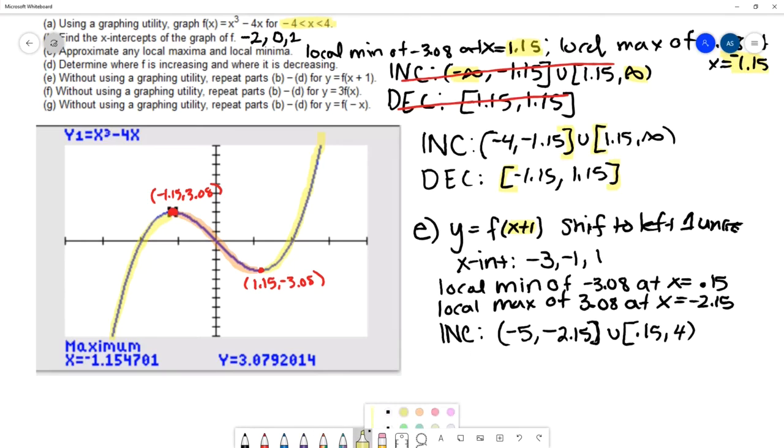And I just noticed here that I made the same mistake that I did earlier, including infinity here. So that should be a 4 instead of an infinity. So I'm correcting that to be a 4. And when I shift this to the left one, that becomes a 3.